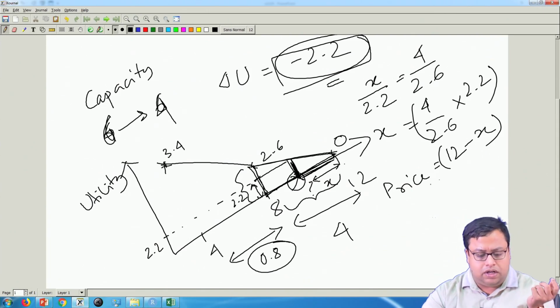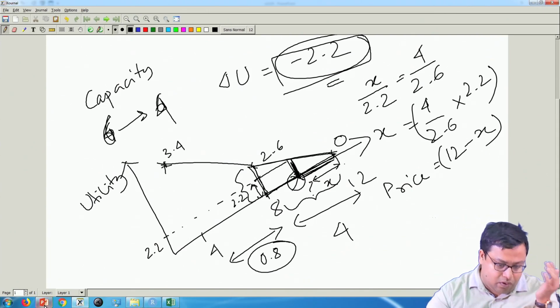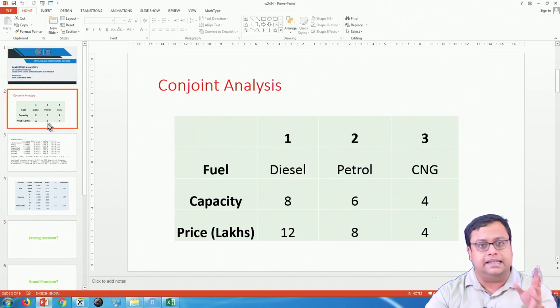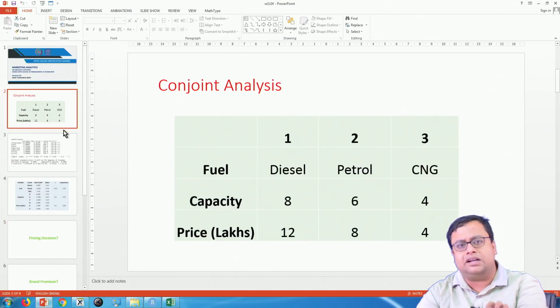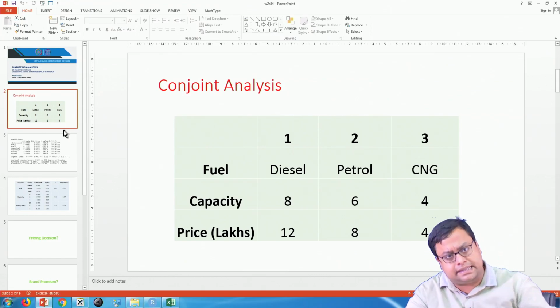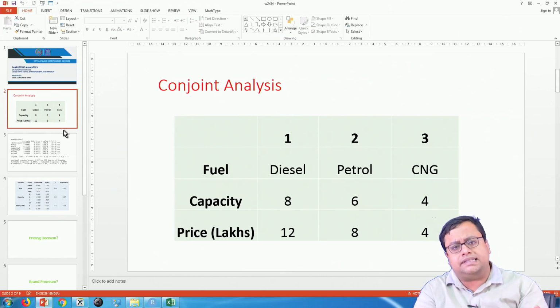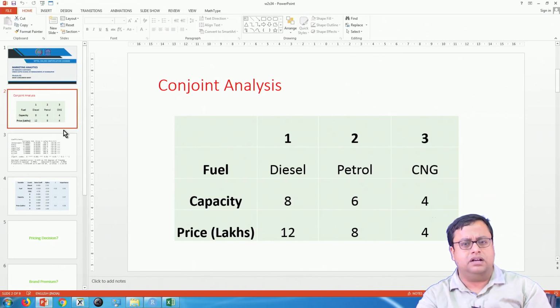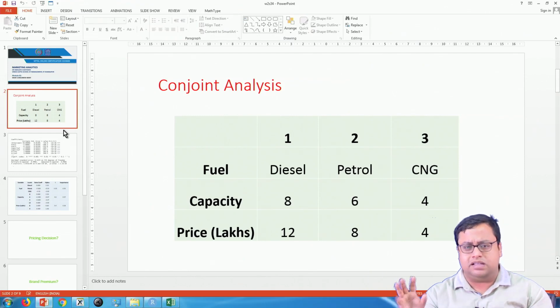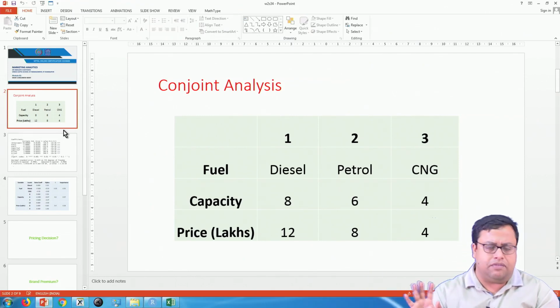Another way, I just told you that it might not have been a good decision to include price here. So, let us say instead of price you have taken something else, like fuel capacity, or the engine type, or whether power steering is there or not, some other variable which is not related to fuel, not related to capacity.